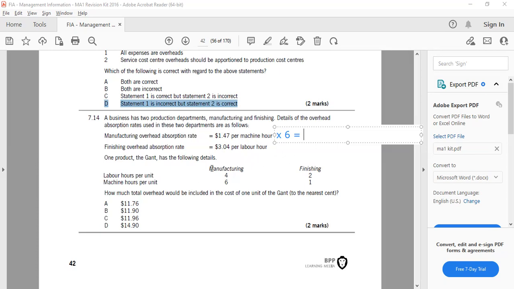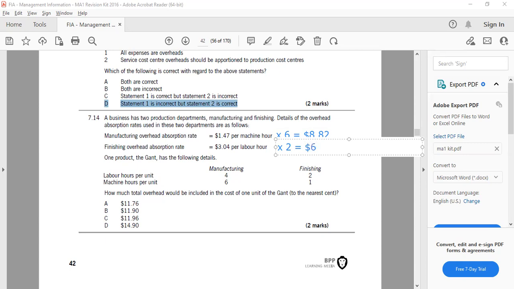Are you getting it? It says machine hour, so that's why for manufacturing you need to cross match. Machine hours are 6, so what is the answer? 8.82. Yes. Next, labor hours. For finishing, labor hours are 2, so what do we get? 6.08.